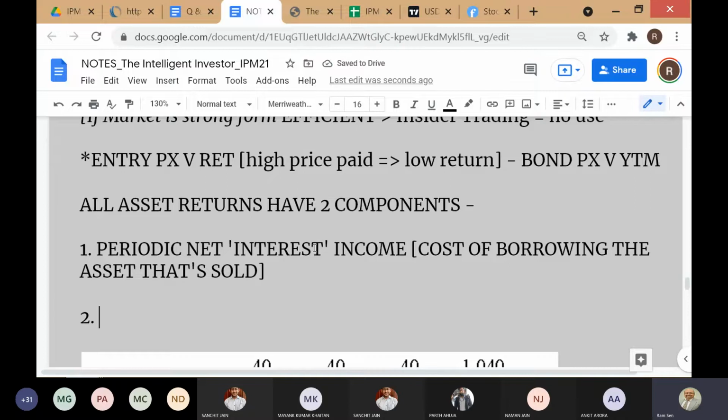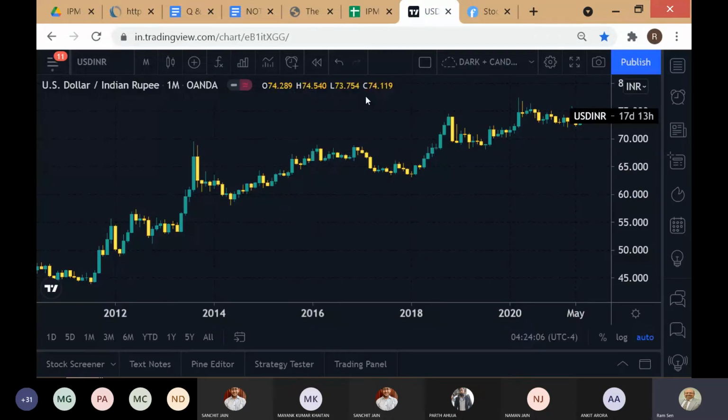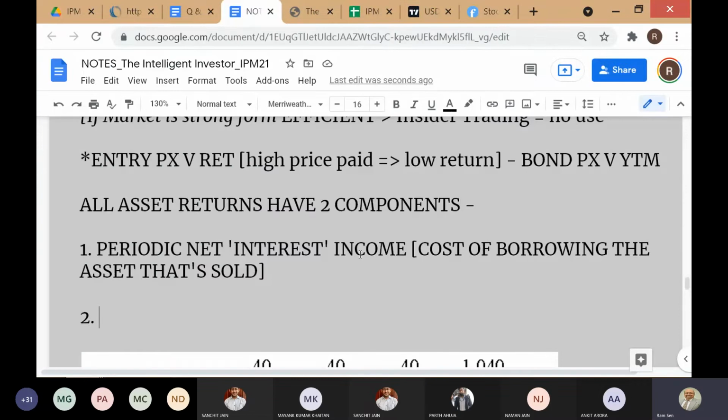What is this in this example? I borrowed Indian rupees, then I sold them on the foreign exchange markets, and I paid 67 rupees per dollar. So I bought whatever dollars I could buy with 100,000 rupees, and then I put them on deposit. So this element, periodic net interest income, consists of the cost of borrowing the asset that's sold.